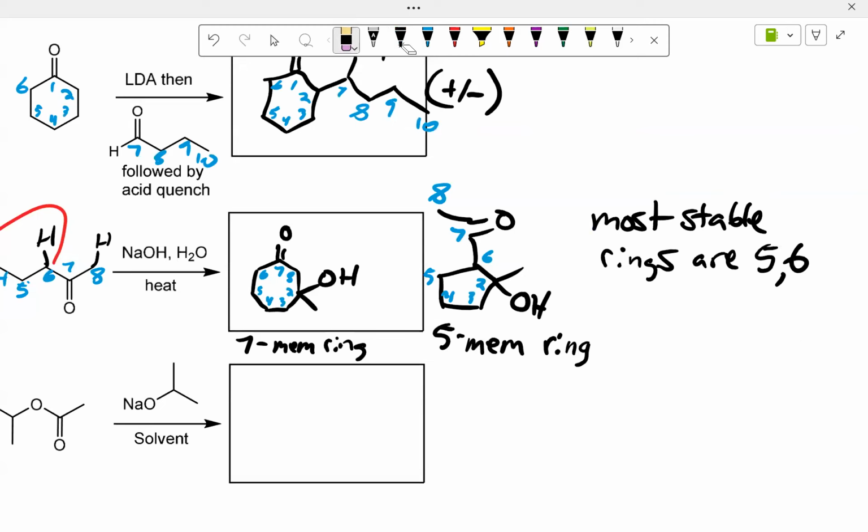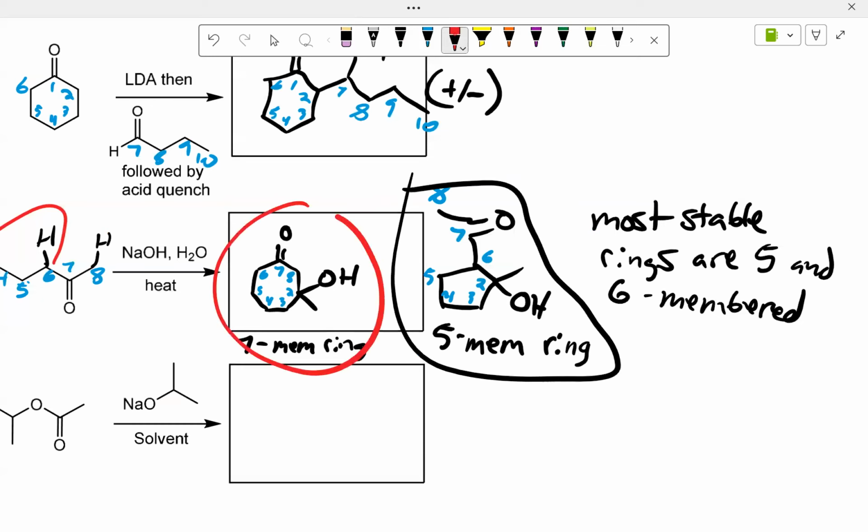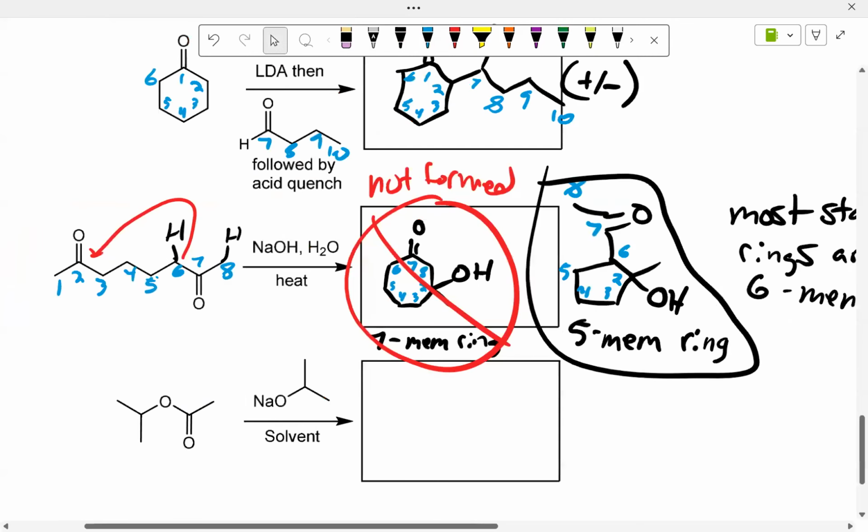But it has to do with the bond angles, less strain for the carbons. So that's why the 5 and 6-membered rings are the most stable. Based on that, I'm sure you can guess that this is the one that forms, and this one is not formed. We're deprotonating on carbon 6.